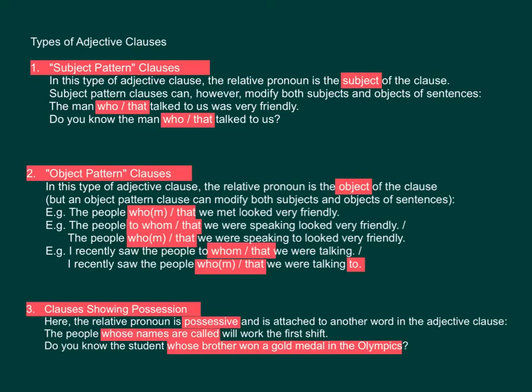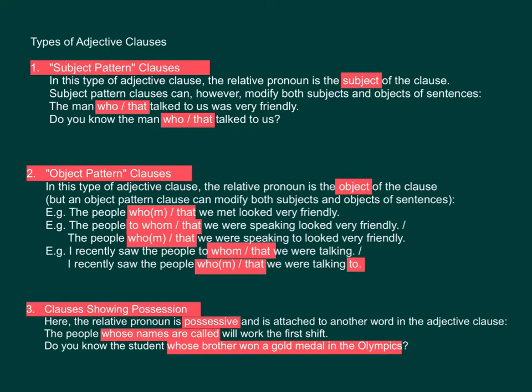2. Object pattern clauses. In this type of adjective clause, the relative pronoun is the object of the clause, but an object pattern clause can modify both subjects and objects of sentences. For example, the people whom or that we met looked very friendly.